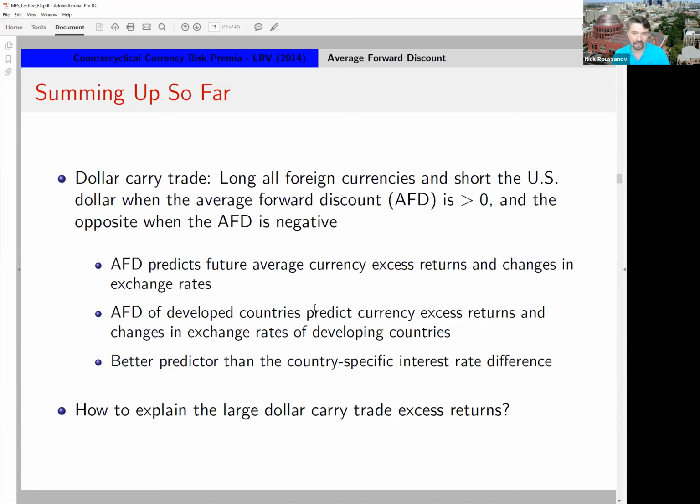So the fact that this average forward discount is a better predictor of individual currency excess returns or exchange rate differentials than individual ones allows us to do that.